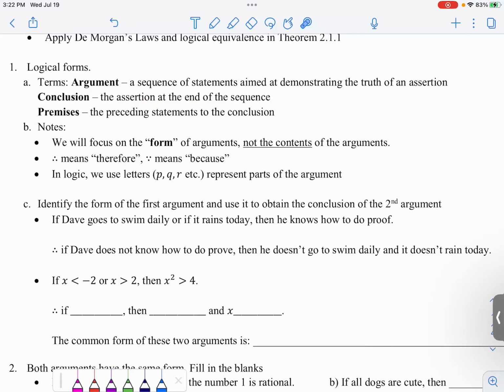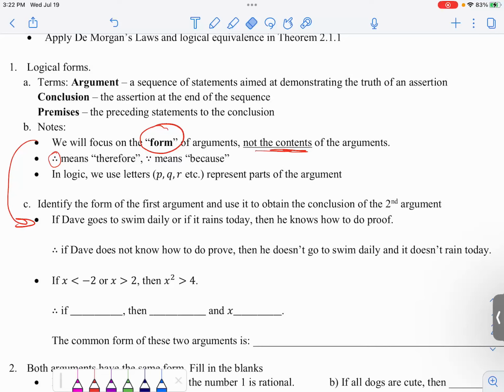Now, one big comment is we'll focus on the form of arguments, not the contents of arguments. So soon I'll give you one example that contents is not the focus. Here we'll focus on the form of arguments. Some symbols: three dots like that means therefore, and three dots like that means because.